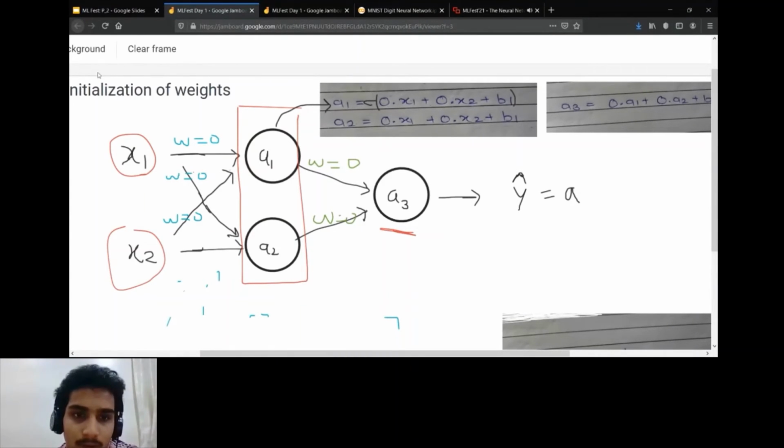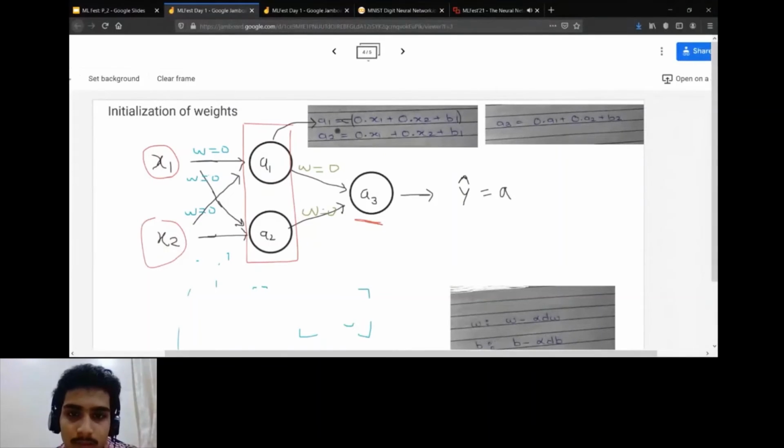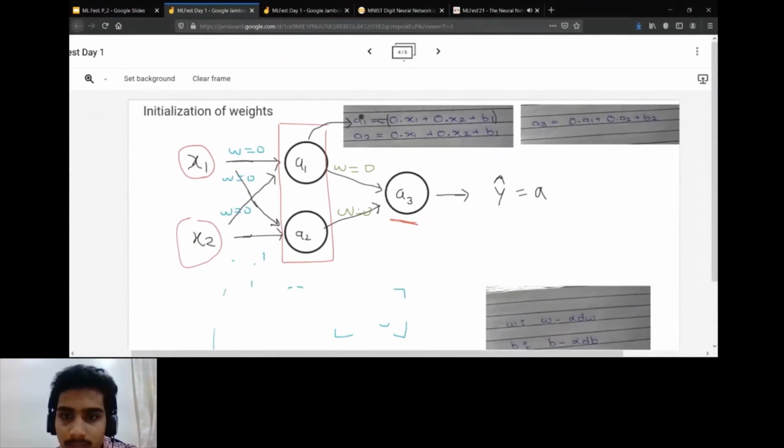What did we get for A1? The output of A1 was basically sigma of the sum of this, or any activation function. When we initialize weights to 0, the equation will be 0 times some input plus 0 times another input plus some bias b.